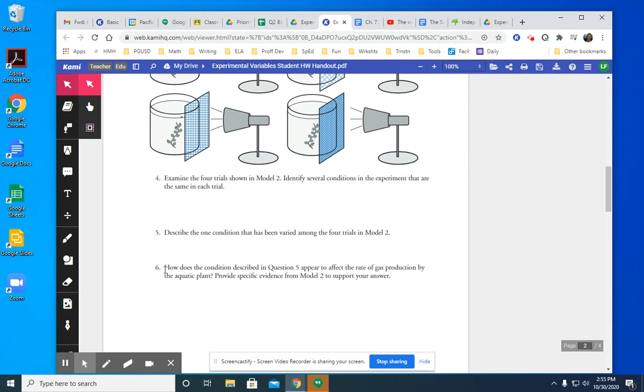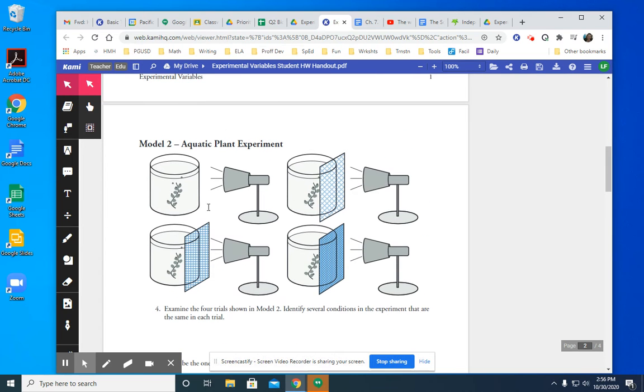Number 6 says, how does the condition described in question 5 appear to affect the rate of gas production by the aquatic plant? Provide specific evidence from Model 2 to support your answer. When I look back for my evidence to answer question 6, I'm going to be looking at the bubbles, okay?